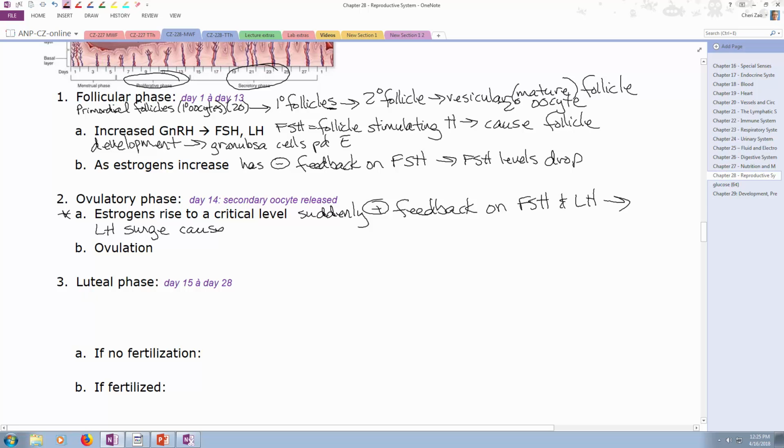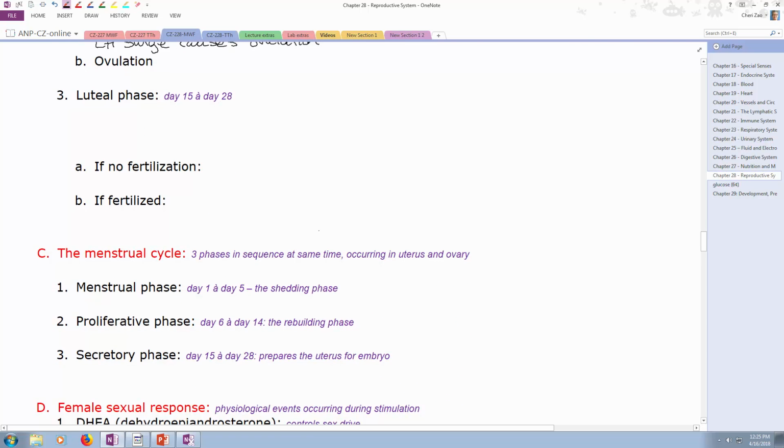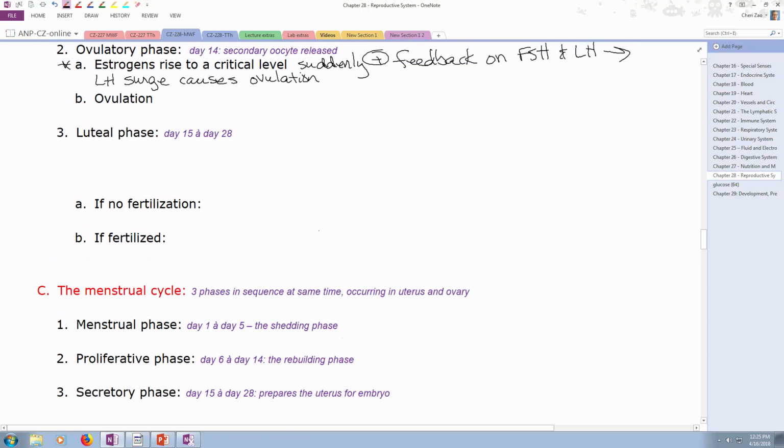That's the one that causes ovulation. In ovulation, the actual wall of the ovary ruptures, and the oocyte is now expelled into the peritoneal cavity.